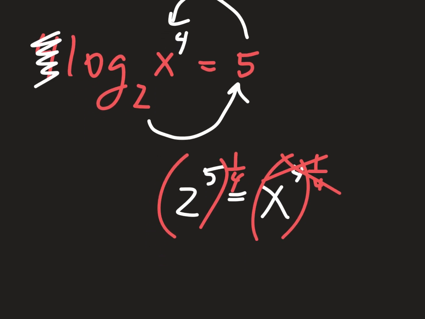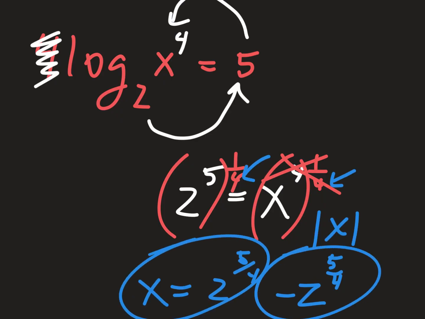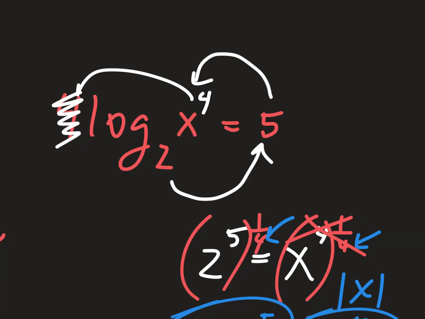We got 2 answers for this. x equaled 2 to the 5/4 and negative 2 to the 5/4 because of the absolute value that came around the x here from the root. All right, so if there's 2 answers you look at, and especially be suspicious of the negative ones, because look, if I put it back in the original problem, and that 4 was down in the front there, it wasn't up there at the beginning, I have a negative in the argument, and that is illegal.